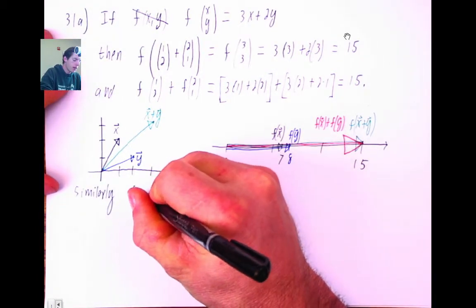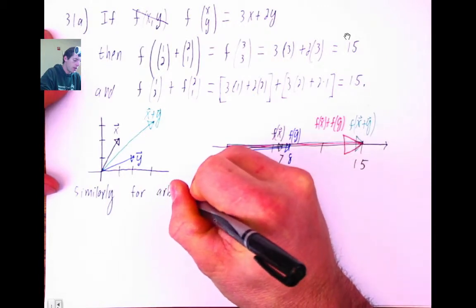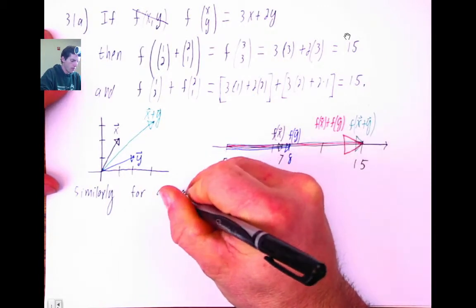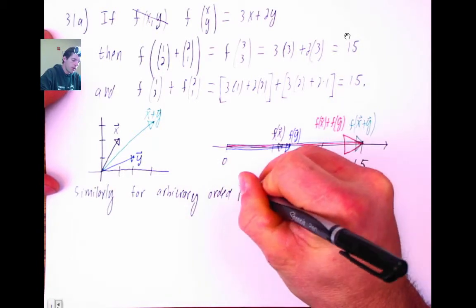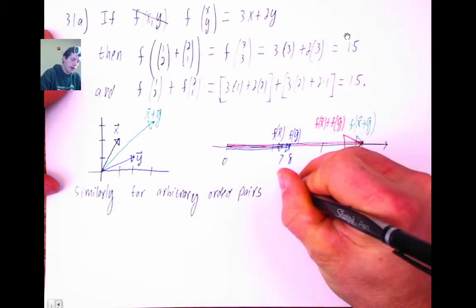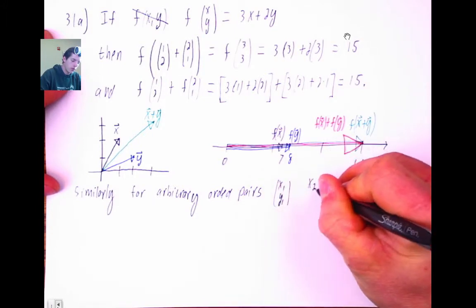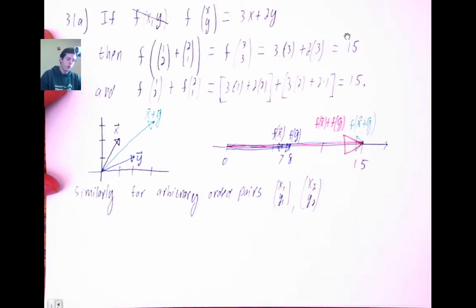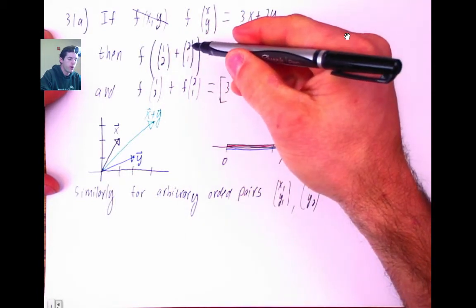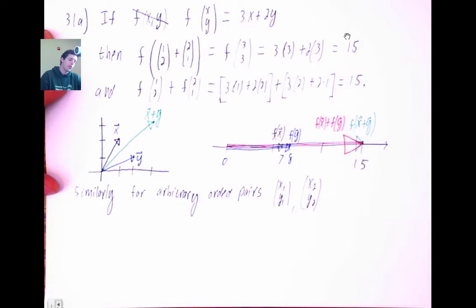For arbitrary ordered pairs, x1, y1, x2, y2. Okay, now those are ordered pairs because, say, 1, 2 is an ordered pair. It's different than the ordered pair 2, 1. See, order matters. 1, 2 and 2, 1 are not the same thing. So that's why I call them ordered pairs.